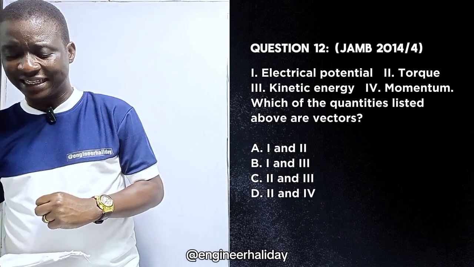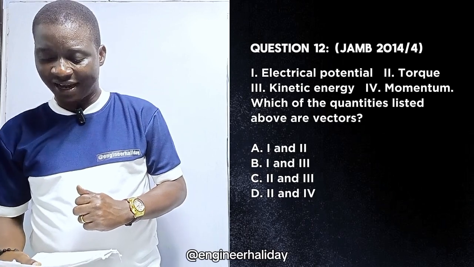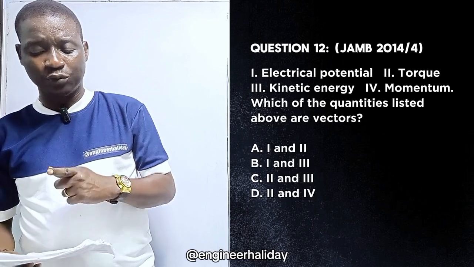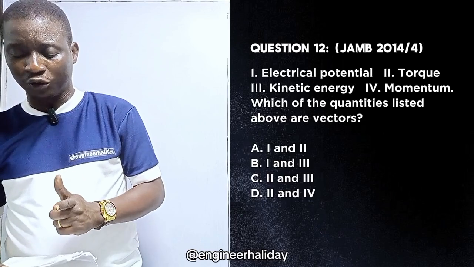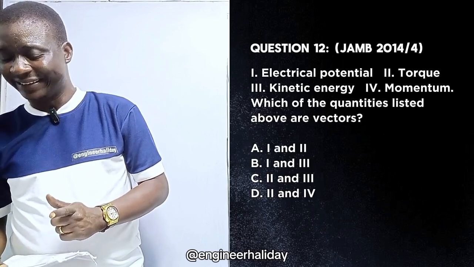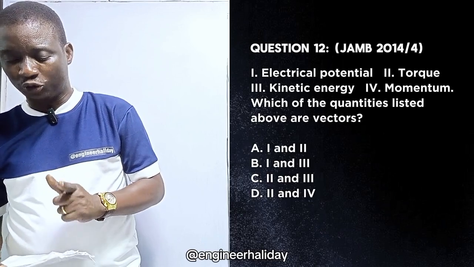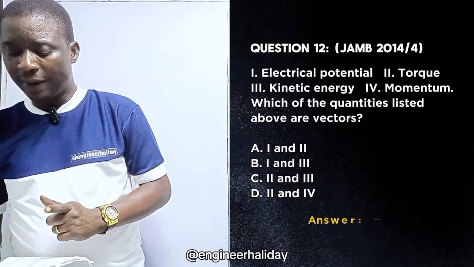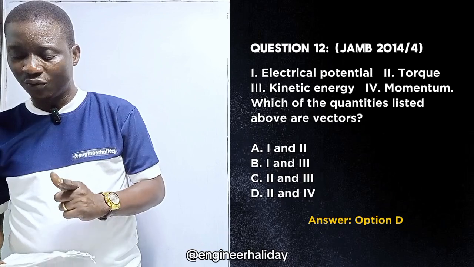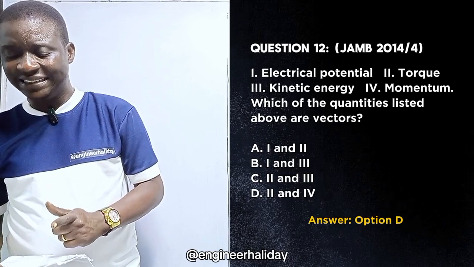Which of the quantities listed above are scalar? Electric potential, like all potentials, is scalar, so that one is out. Torque, Roman figure 2, yes, correct. Kinetic energy, scalar, no. Momentum, so that should be 2 and 4. Option A, 1 and 2; B, 1 and 3; C, 2 and 3; D, 2 and 4.